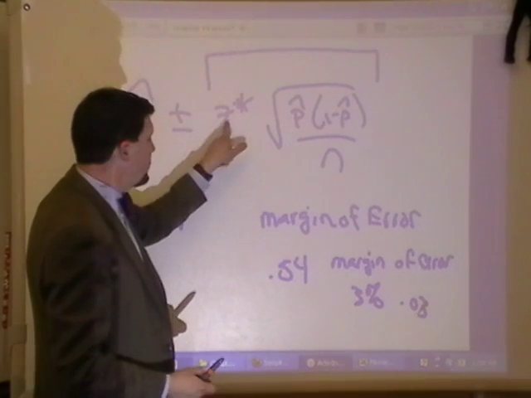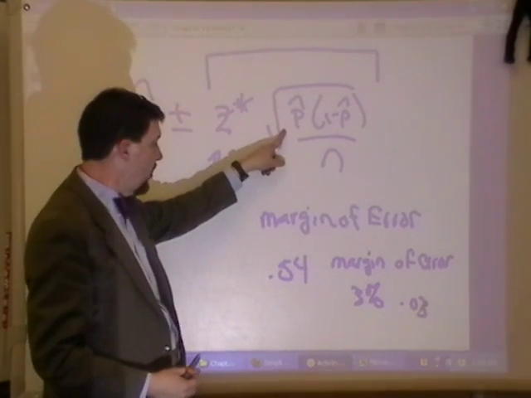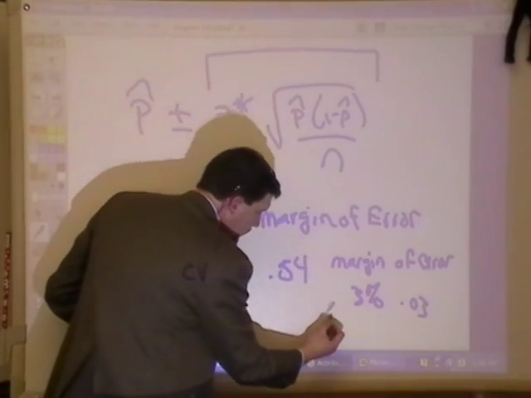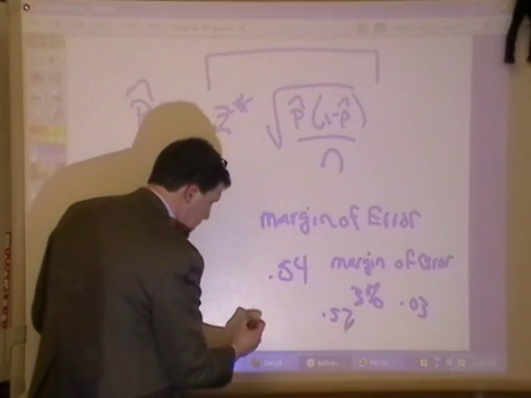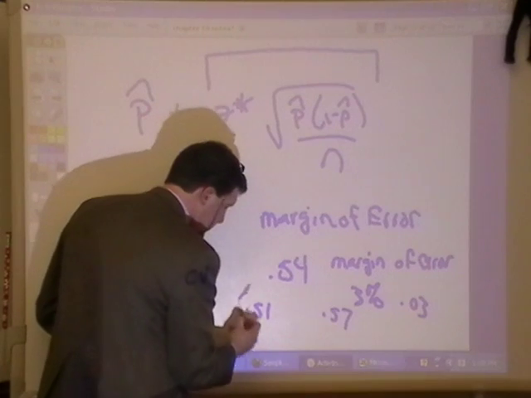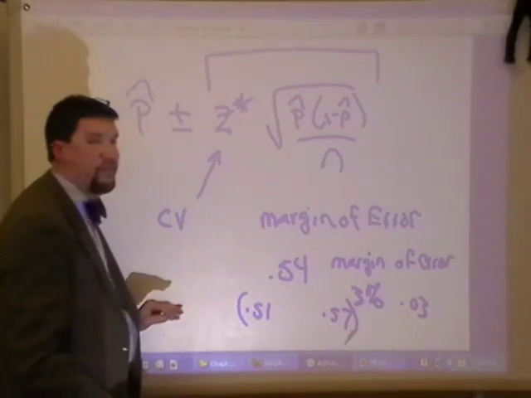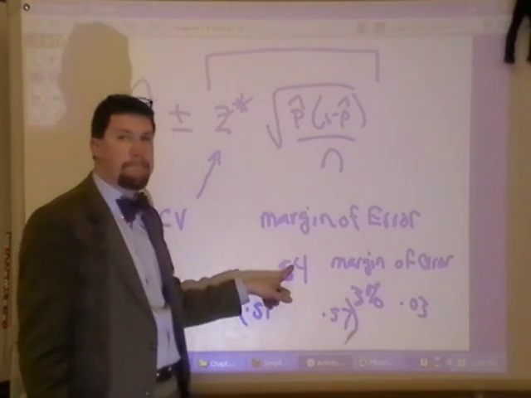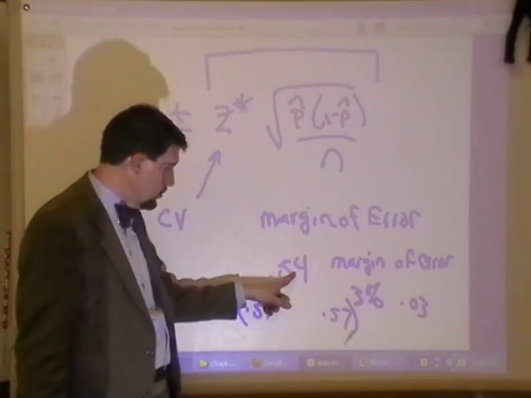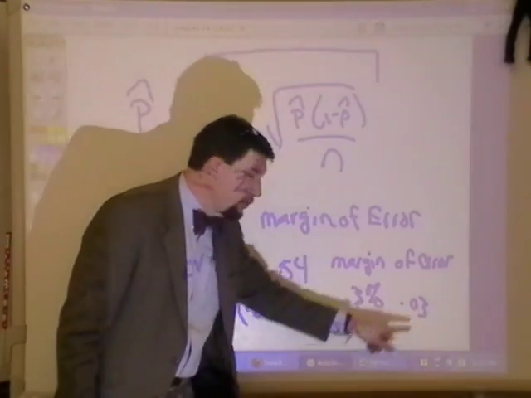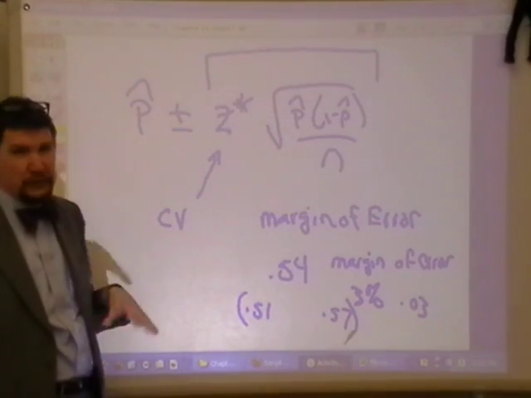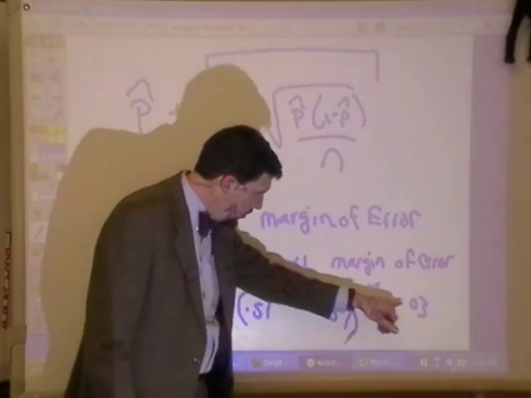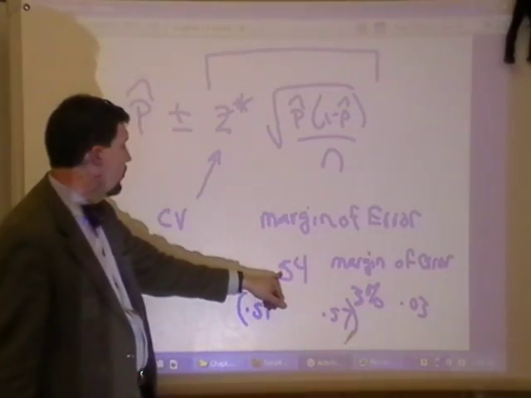That means they're confident, based on their sample, that it could be anywhere between 0.51 and 0.57, because that's their confidence interval, based off of their sample proportion, or p-hat, and their sample size. And that sample size, when they do those polls, is typically somewhere around 1,000. That's their margin of error right here.